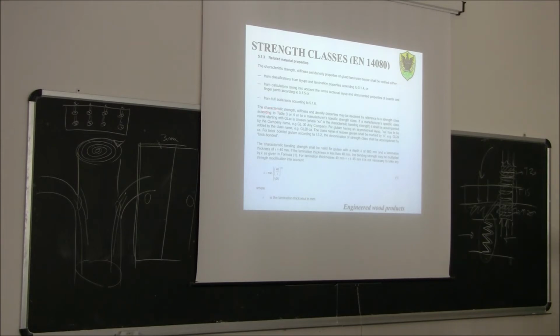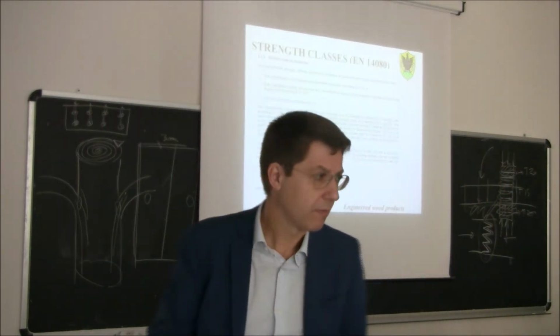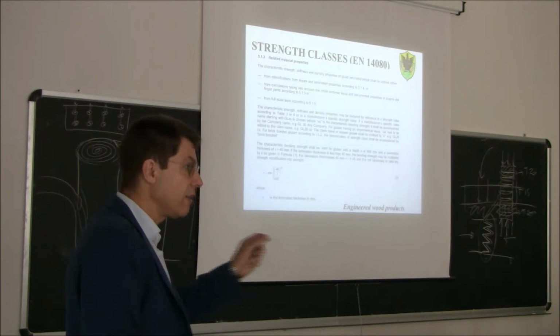Now, if you read through, characteristic strength, stiffness, and density properties may be declared by reference to a strength class according to a table we are going to see now. Usually, when we talk about glue-lam, the strength class is denoted by GL. GL means glue laminated, and then there is a number.